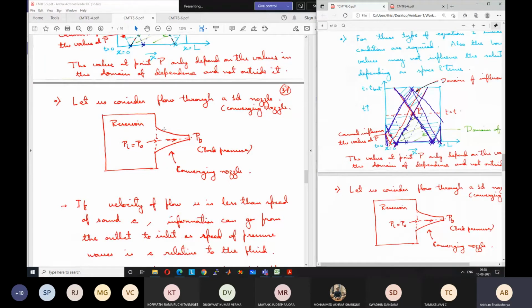For this particular problem, the inlet pressure is some reservoir pressure P0, and at the outlet I have a back pressure, the ambient pressure, which I can decrease. So initially, if I have the pressure equal to P0 at the outlet, what will be the flow rate?